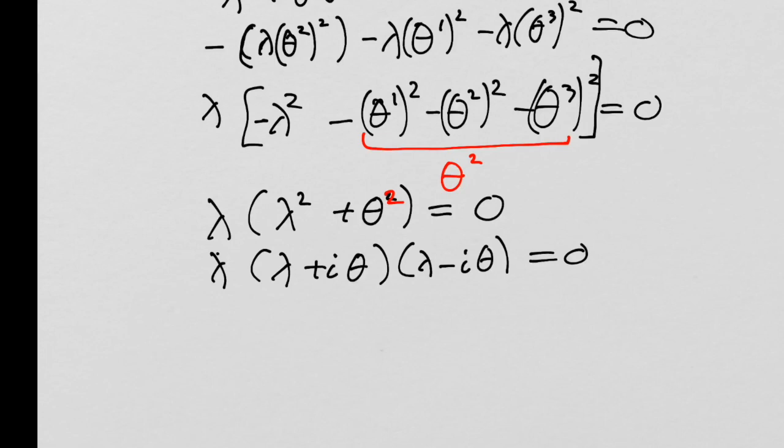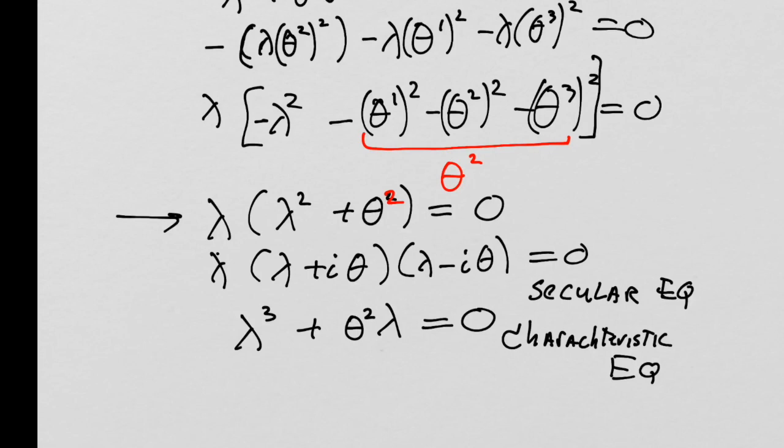But it turns out what we really want is this form here. Oh, I am going to need that theta squared, darn it. So this form here gives us lambda cubed plus theta squared lambda equals 0, right? And this is the secular equation. Gilmore calls it the secular equation, which is sort of old school.